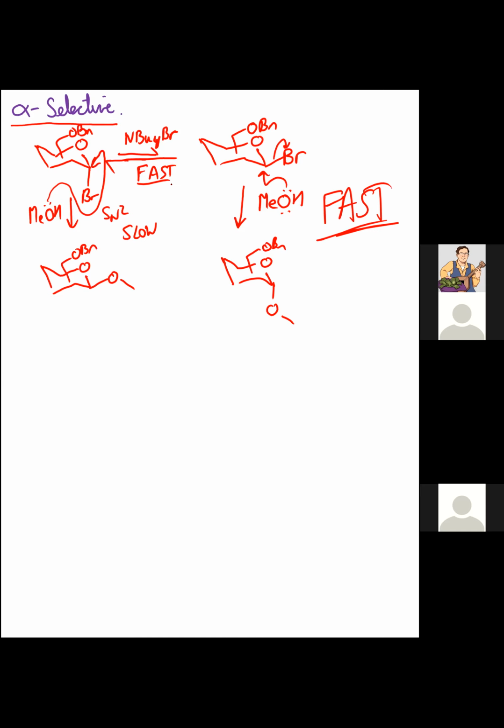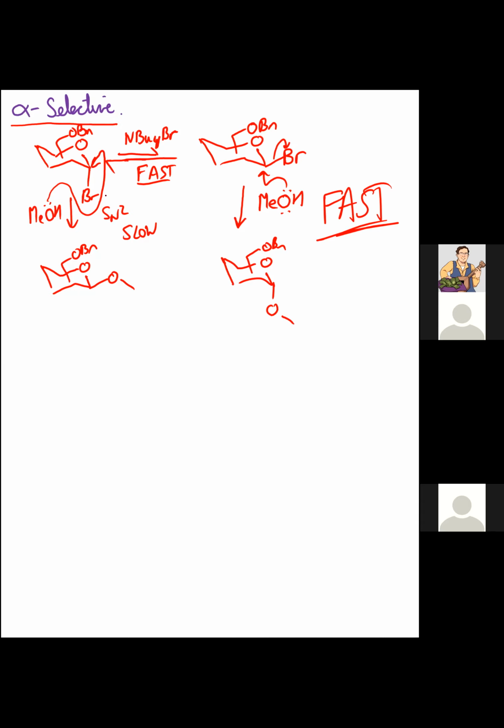The alpha and beta bromides switch back and forth quite quickly. But the alpha bromide is quite unreactive. The beta bromide is very reactive. So you make the beta bromide, it can react with the methanol, convert to the alpha methoxide, like alpha methyl glycoside. Whereas the alpha bromide reacts much slower to make the beta methyl glycoside.